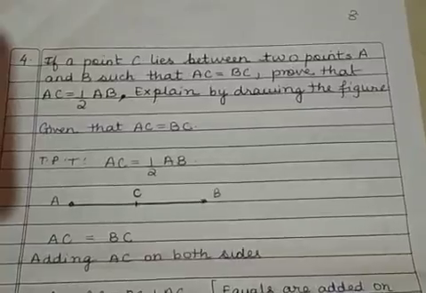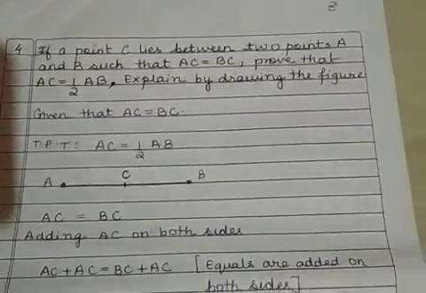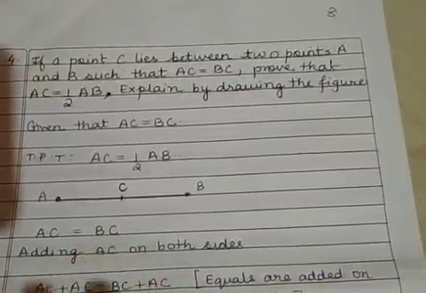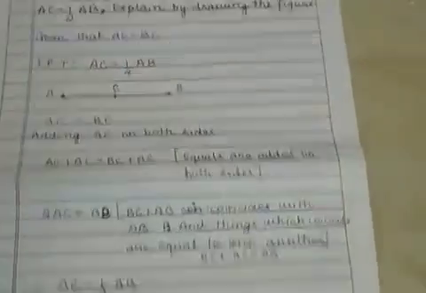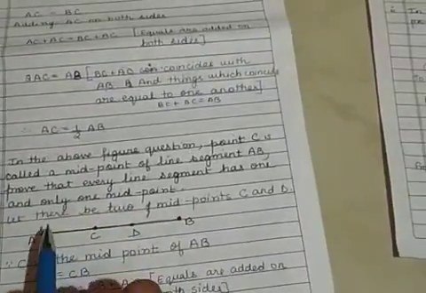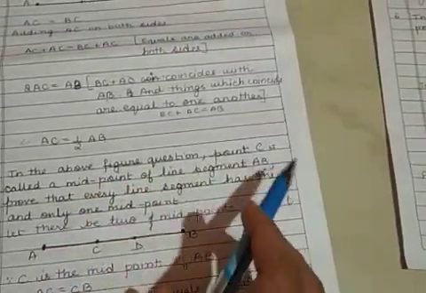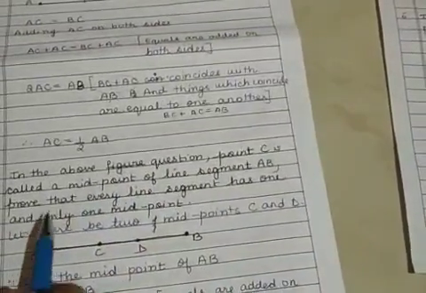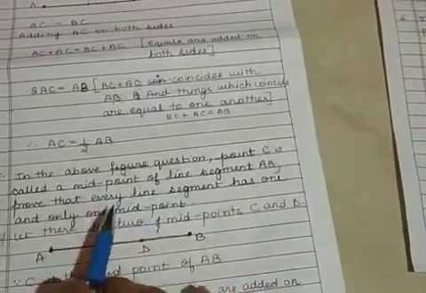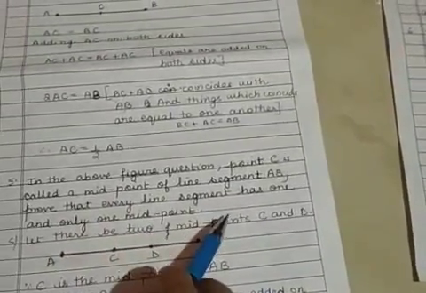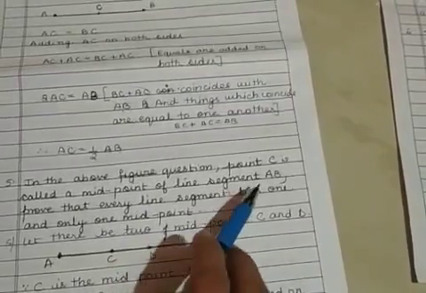Now for you it may seem to be very obvious, but let us see how we can show this using some of Euclid's postulates and axioms. We will prove this by the method of contradiction. It is said there is one and only one midpoint. So let us assume that there are two midpoints for line segment AB.